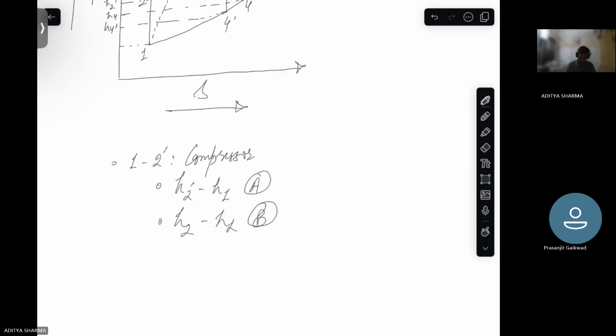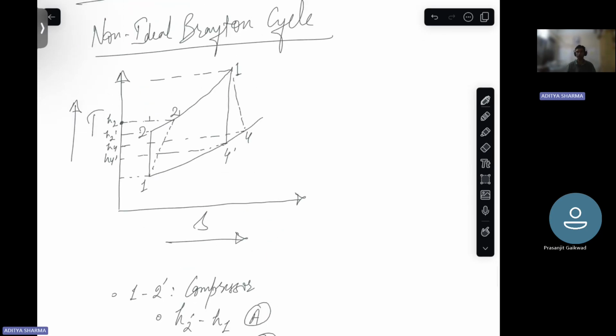So B is greater than A. You can see this from the diagram also. H2 minus H1 is greater than H2 dash minus H1. So more work is required for the same transition, from this pressure line to this constant pressure, right?